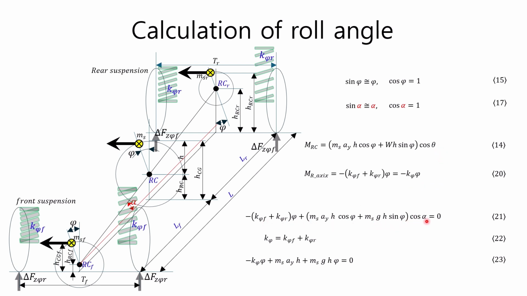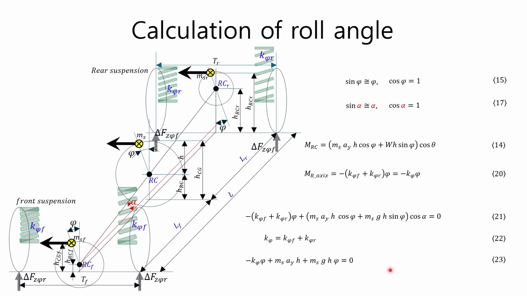The roll stiffness K phi of the entire vehicle can be expressed as the sum of the front roll stiffness K phi F and the rear roll stiffness K phi R, as in equation 22. When the angle alpha representing the inclination of the roll axis and the roll angle phi of the sprung mass are sufficiently small, if equations 15 and 17 are substituted into equation 21, the cosine term of equation 21 becomes 1 and the sine term becomes phi, so equation 23 can be obtained.